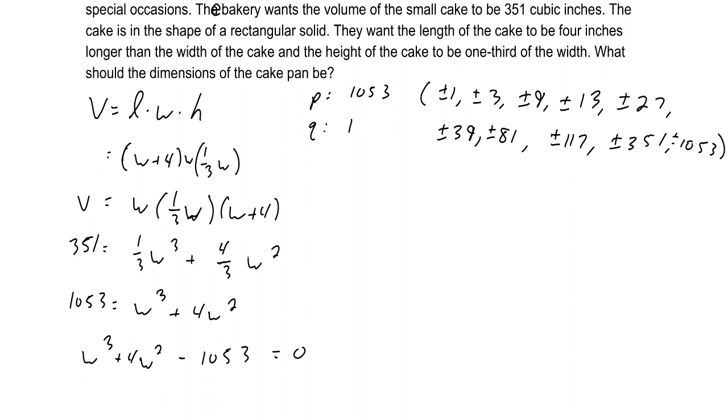Our denominator is either plus or minus 1. So all we could really have is a positive solution, so we can ignore those minuses.